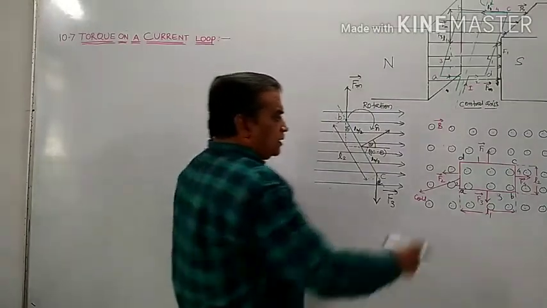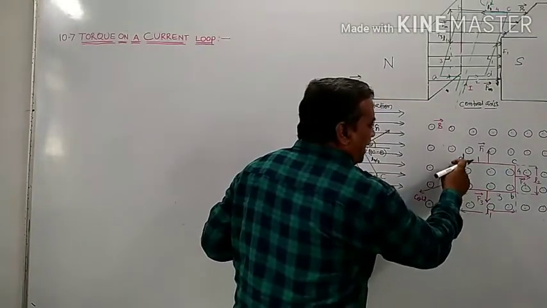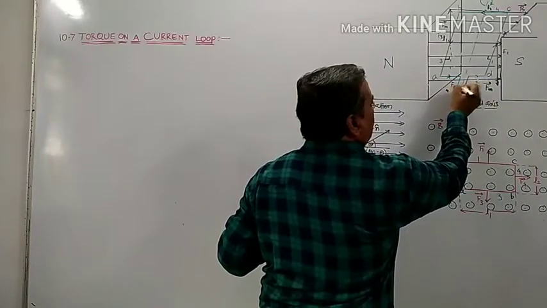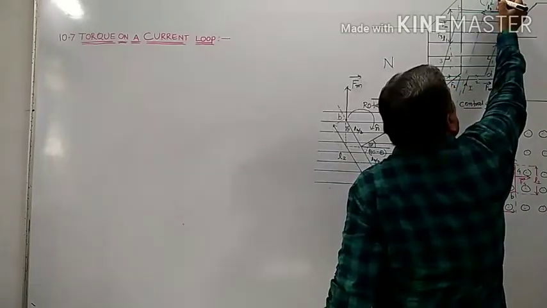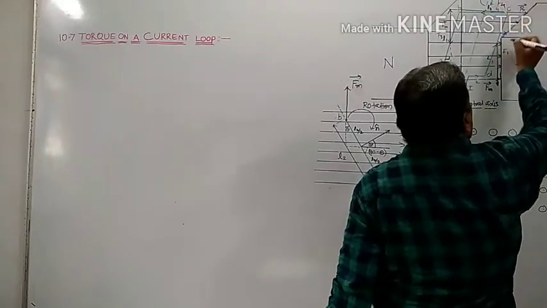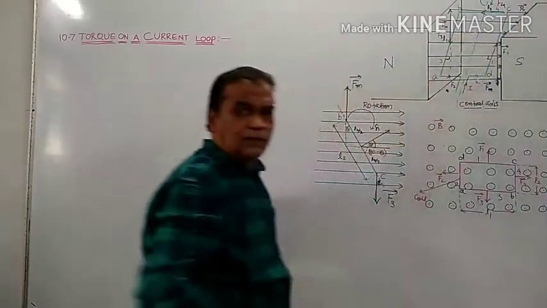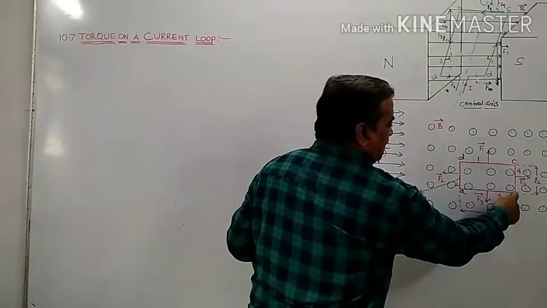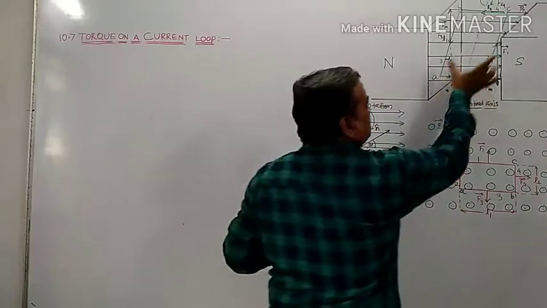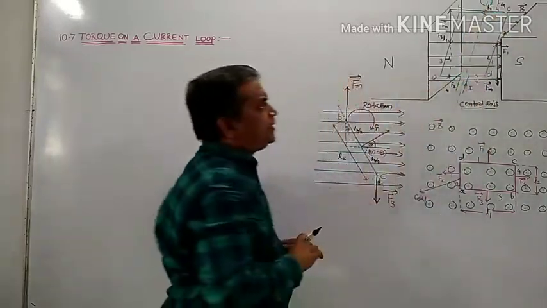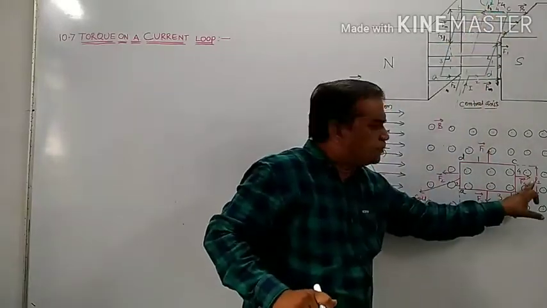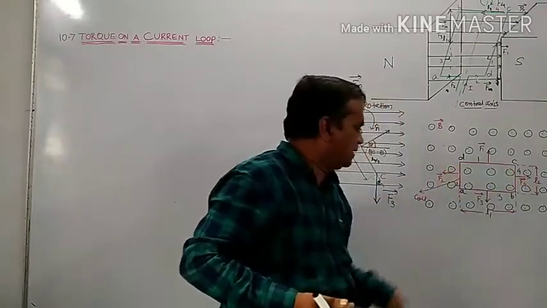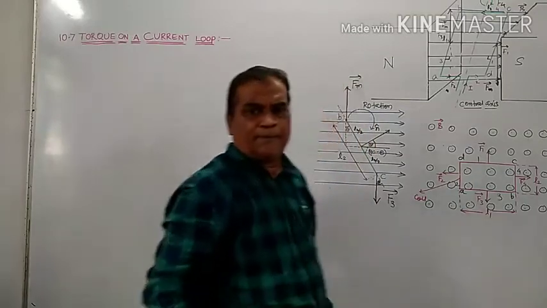While the force acting on segment AD is F2, and on BC the force acting is F4. As far as the length of segments CB and AD is concerned, the length is L2, while the length of segments AB and CD is L1.